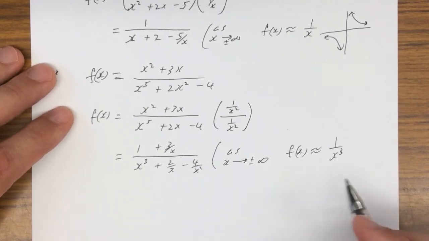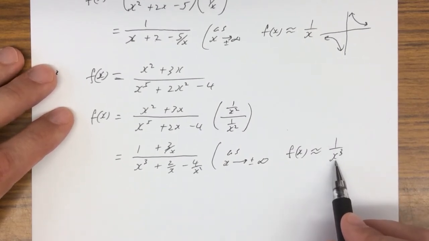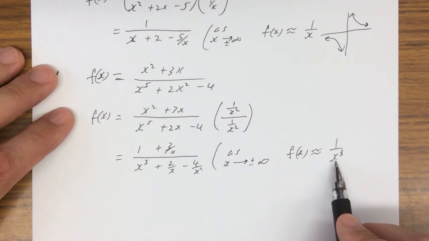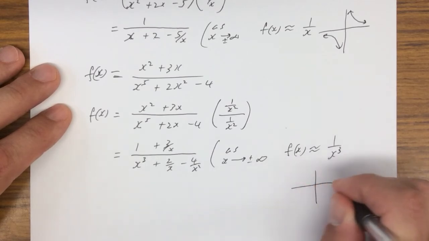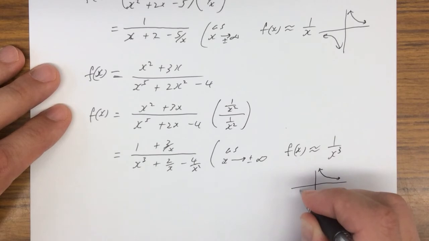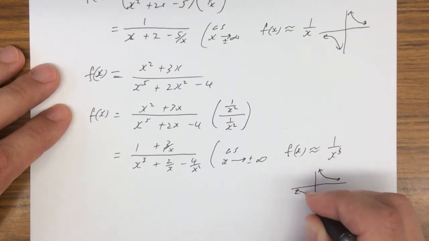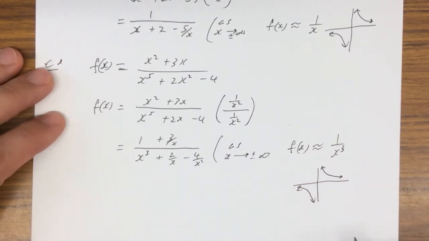And the end behavior for this is that as x goes to infinity, 1 over x cubed gets really small, so it goes to 0. In this case, 1 over x cubed looks like 1 over x, a slightly different shape, that's all.